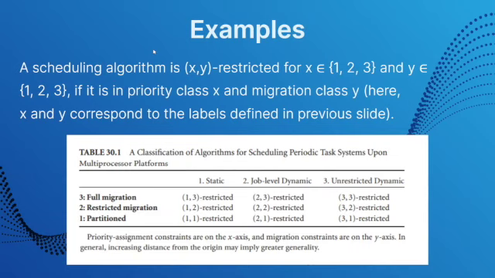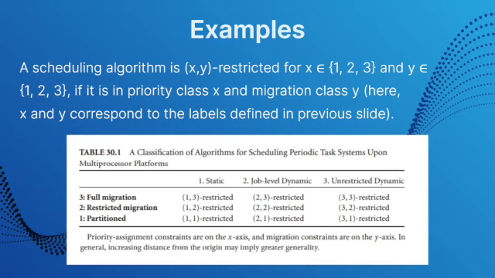And as you can see here, the scheduling algorithm is X and Y. It's going to restrict X to belong to 1, 2, 3, and Y to belong to 1, 2, and 3 as well. If it's in priority class X and migration class Y, here X and Y correspond to the labels defined above. For the example, let's say 2.1, restricted algorithms use job-level dynamic priorities.